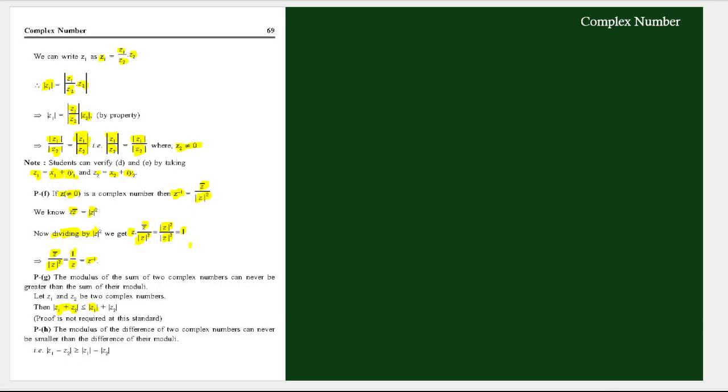It will always be smaller or equal than when they are added separately. Modulus of Z1 plus modulus of Z2 can never be smaller. So this will be important for your class 11. You will get this one. In here it says proof is not required, so just you know it.